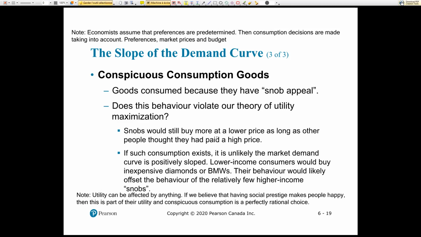Yeah, so this is just the so conspicuous. Or what sometimes you say Veblen goods are totally distinct from given goods.